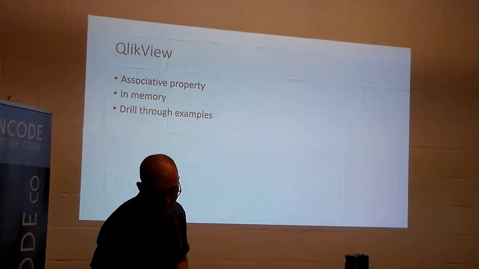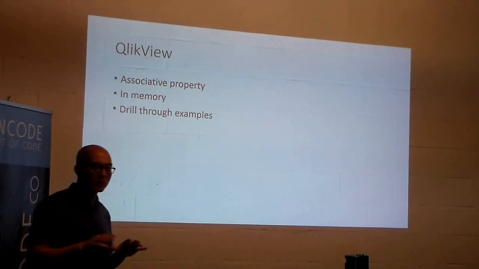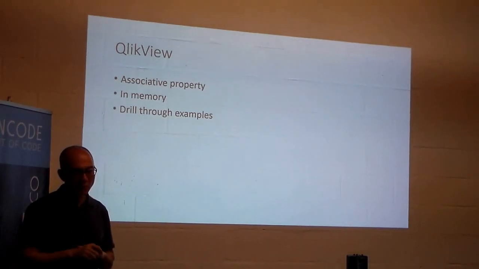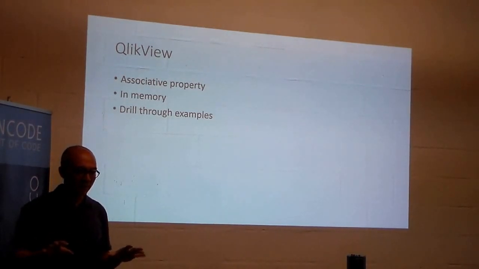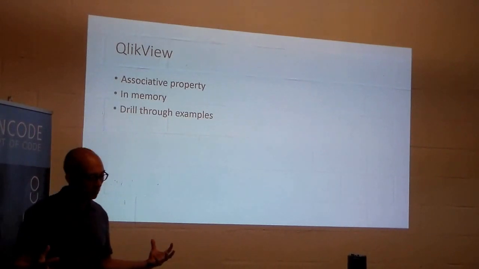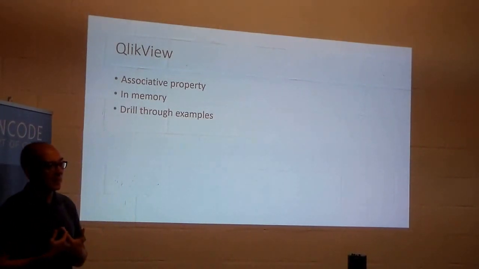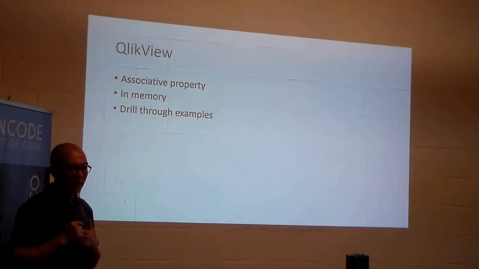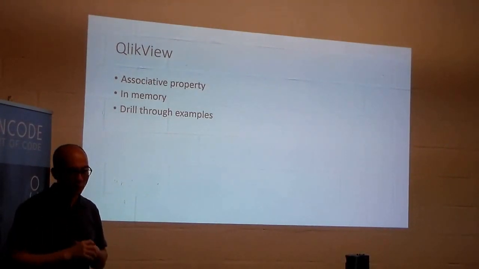But QlikView, in terms of infrastructure, I can summarize it in two ways. One is associative properties, and the other is in-memory. So the data is all pulled into memory. That's why it's going to allow you to answer that question a lot faster. You don't have to go back and query the database and wait for a long time.